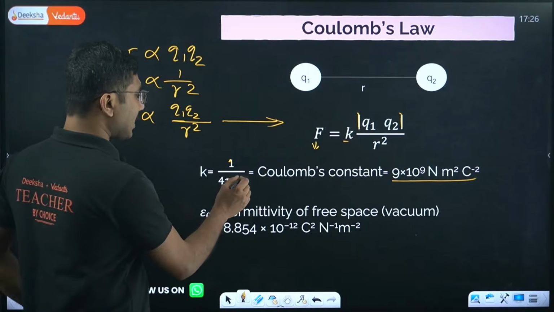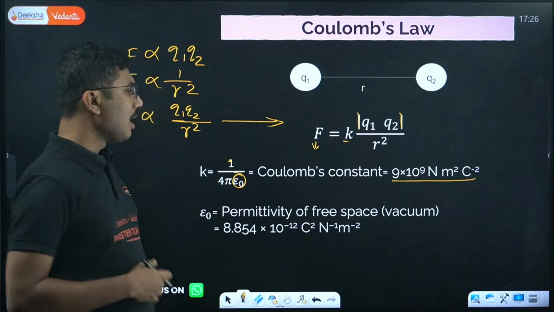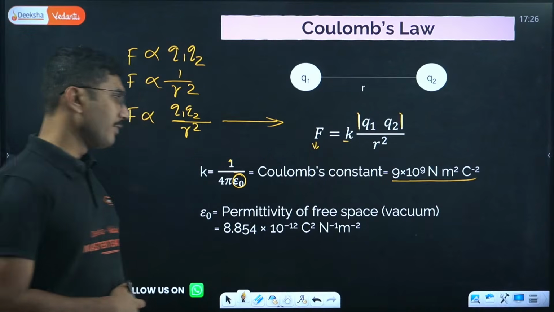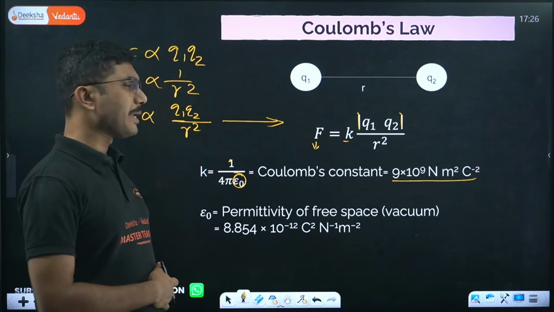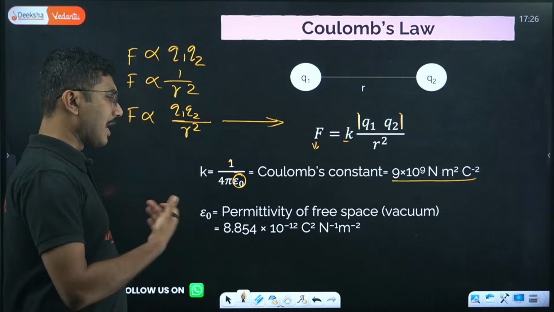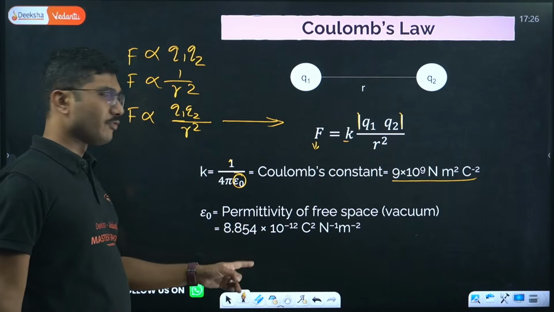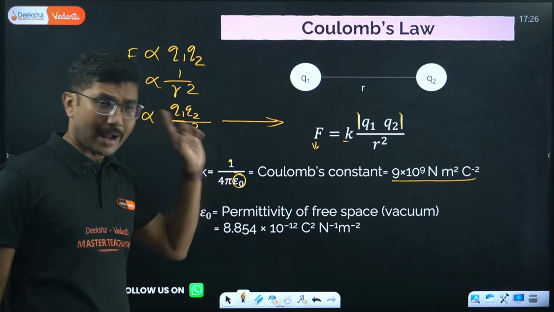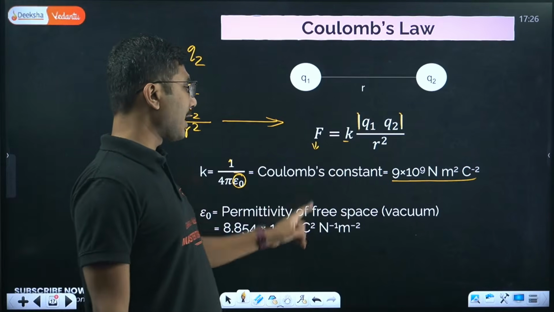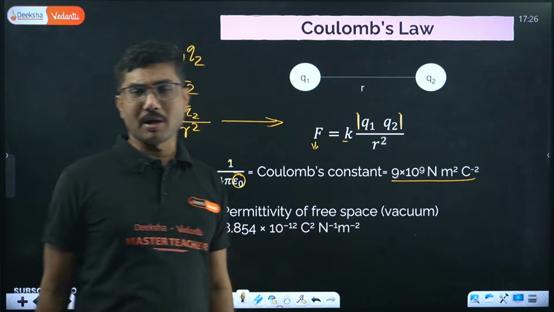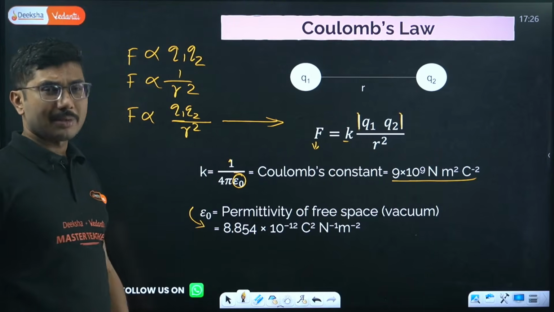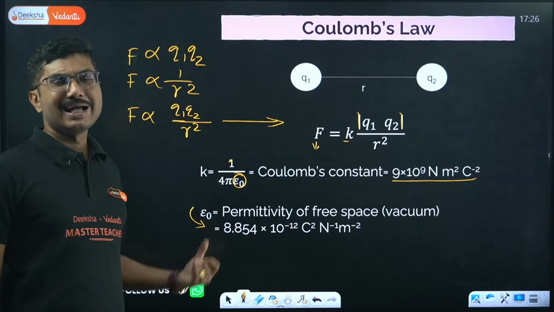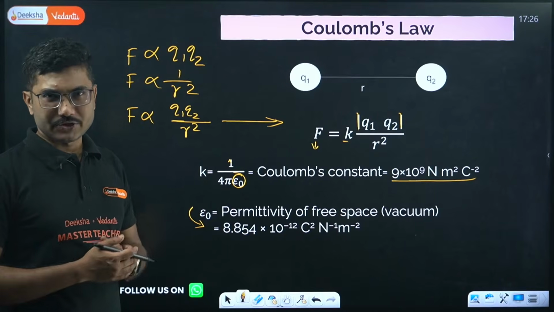This quantity epsilon naught is called the permittivity of free space or vacuum. Its value is 8.854 into 10 to the power of minus 12 Coulomb square Newton inverse meter to the power minus 2. This value you may not need to remember, because if it is required, it is generally provided in the question.